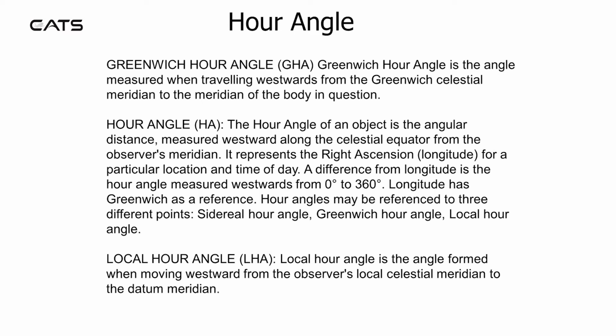The difference from longitude is the hour angle measured westwards from 0 degrees to 360 degrees. Longitude has Greenwich as a reference. Hour angles may be referenced to three different points: sidereal hour angle, Greenwich hour angle, and local hour angle. The local hour angle is the angle formed when moving westward from the observer's local celestial meridian to the datum meridian.